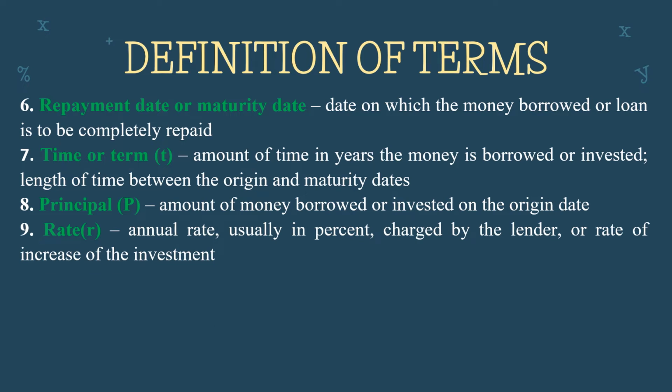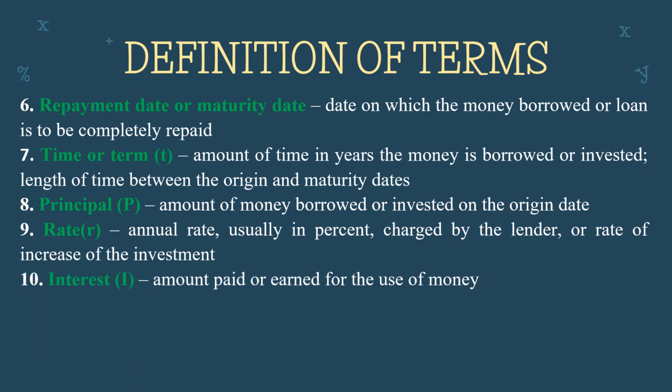Rate, denoted by small letter r, the annual rate, usually in percent, charged by the lender, or rate of increase of the investment. Usually, nire-represent niya yung percentage nung interest mo. Example, 5%, 10%. Then, we change the percent into decimal so we can compute the interest.